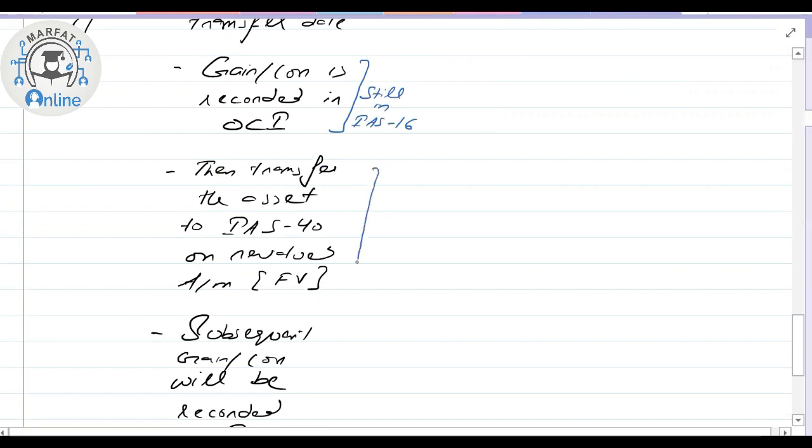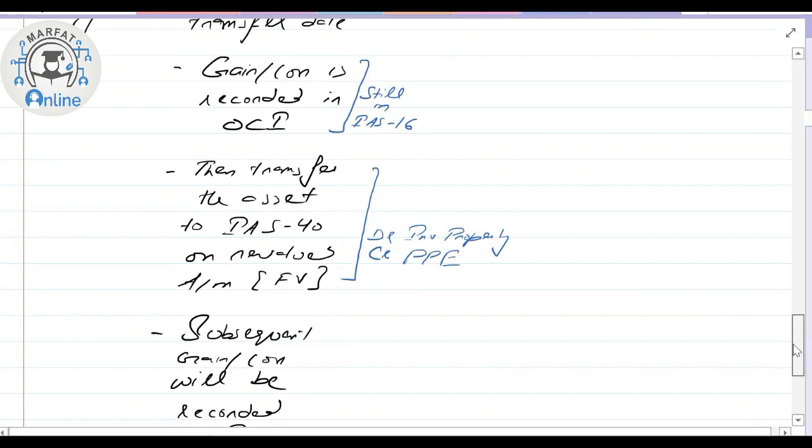Now this means debit investment property, credit PPE, that we are removing it from PPE, we are recording it in the investment property.